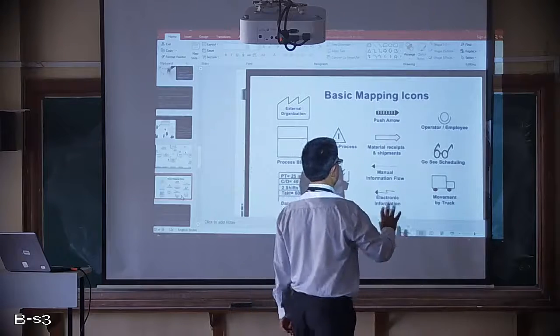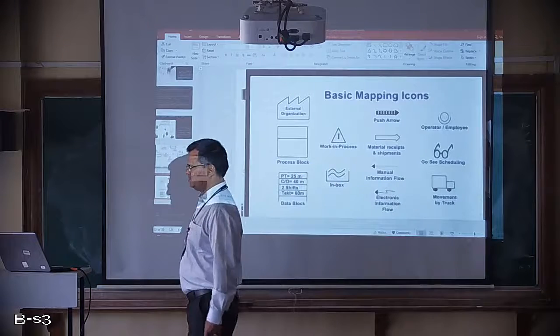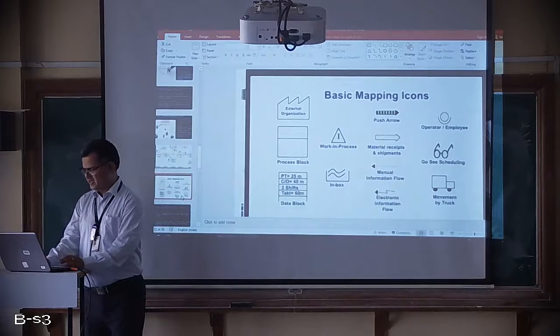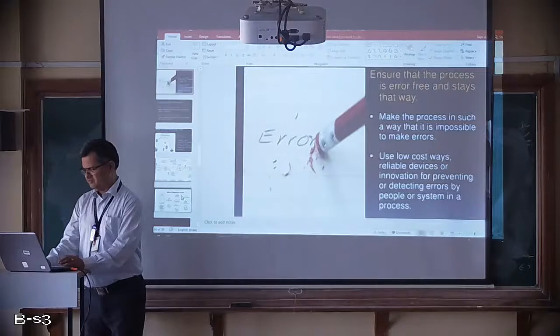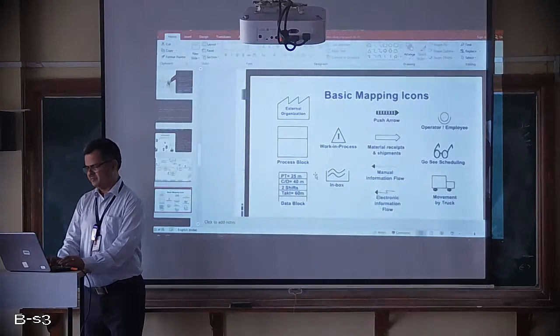That's why the truck indicates that things have been moved by truck. So these are some of the basic icons used in drawing value stream mapping.